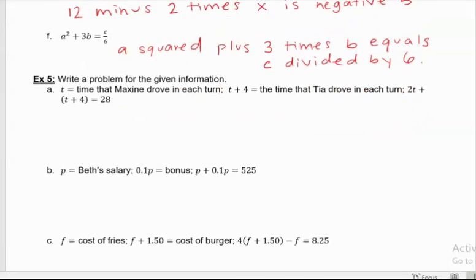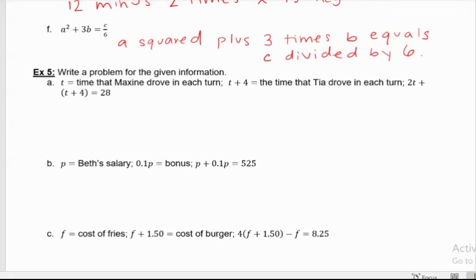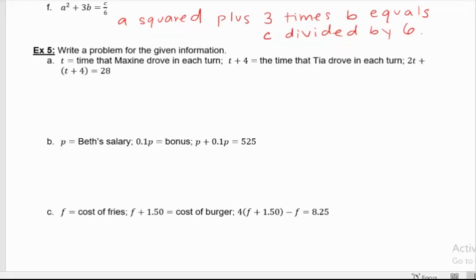Okay, example 5. We can also write problems given some information. Okay, so we can write our own word problems. Let's let t represent the time that Maxine drove in each turn. I have t plus 4 equals the time that Tia drove in each turn. And then I have an equation here at the very end.